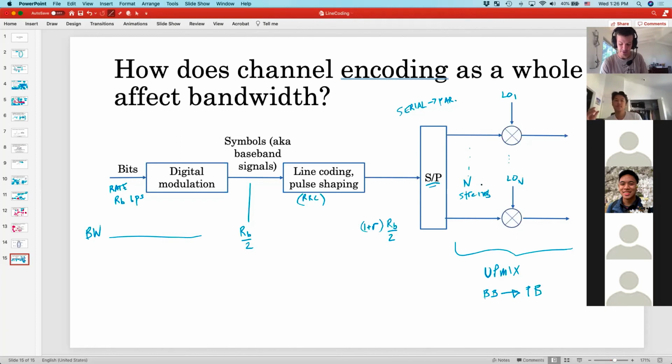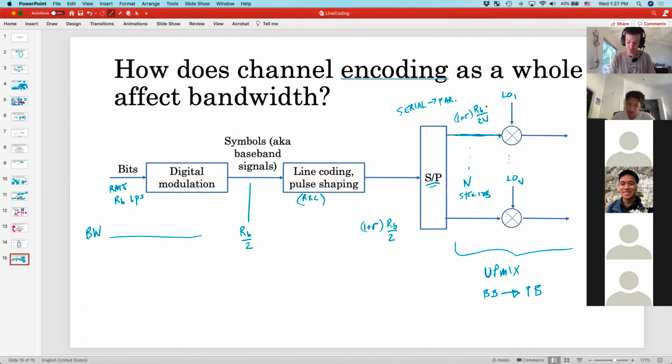If I have n streams coming out of this serial to parallel, then each of these signal paths only sees one pulse out of every n pulses that come through. So really, each of these sees a bandwidth of (1 plus r) times RB over 2 over n.